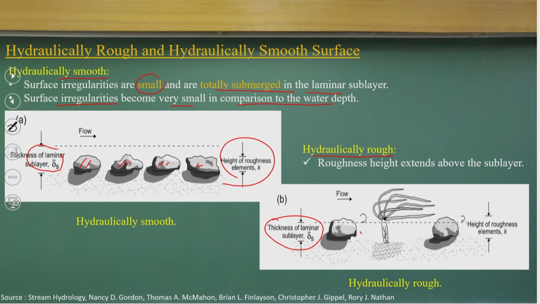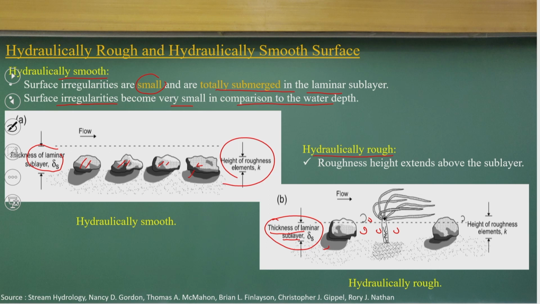Because of that, you can see the eddy formations in this case differ from the other case, because the surface roughness is beyond the thickness of the laminar sublayer. It is inside the transition layer.